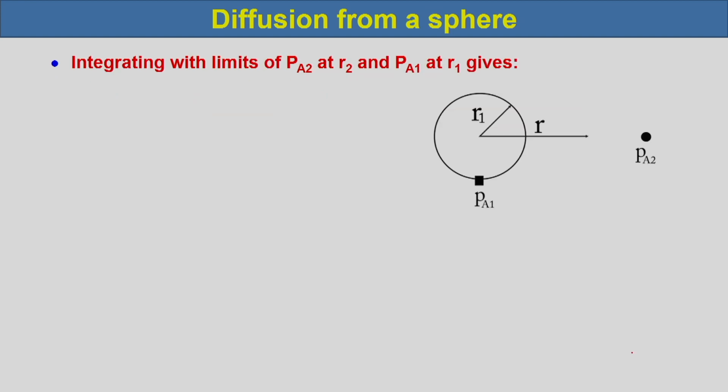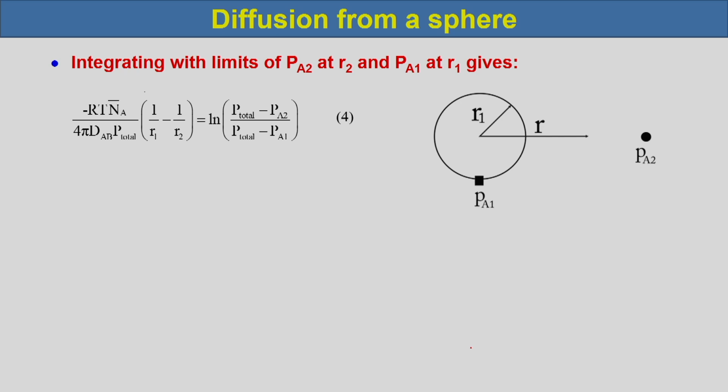Now, integrating with limits of Pa2 at R2 and Pa1 at R1, it gives minus RT Na bar divided by 4 pi dAB P total into 1 by R1 minus 1 by R2 is equal to ln of P total minus Pa2 divided by P total minus Pa1.